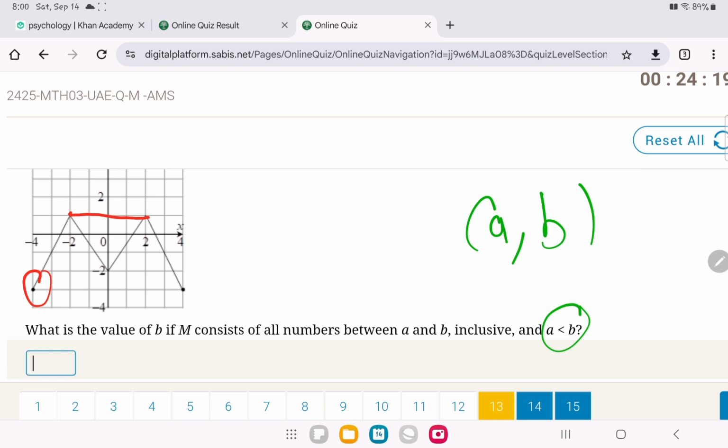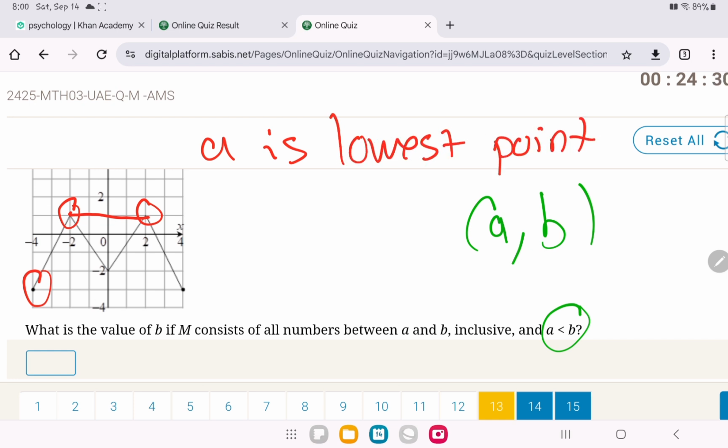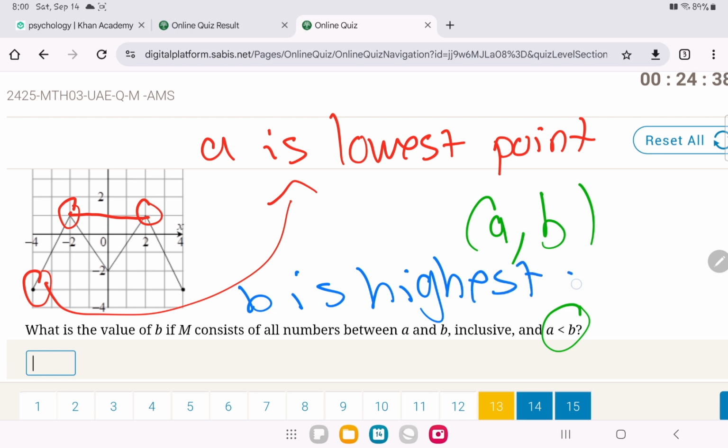So A is always the lowest point and B is always the highest point. So again, A is the lowest point. In this case, it would be here. And B is the highest point. So in this case, it's here.